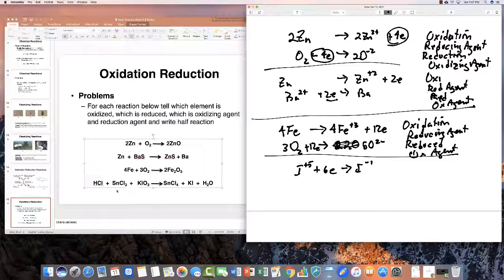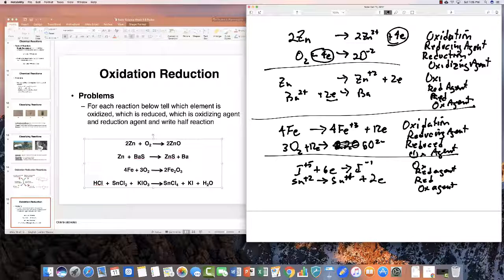At the same time, you see this is +2, but this one's +4. So this goes from Sn +2 to Sn +4. And in order to do that, it has to lose 2 electrons. And so this is the oxidation side, the reducing agent. And this is the reduction side, the oxidizing agent.